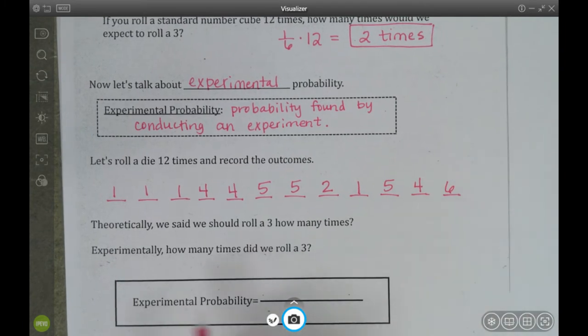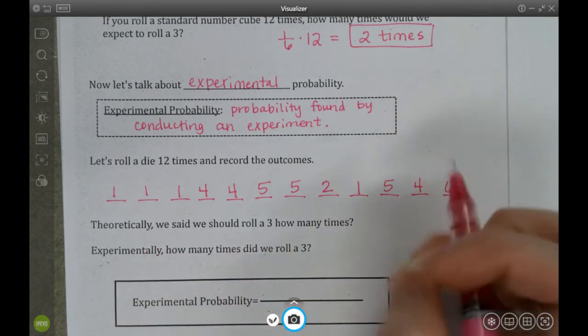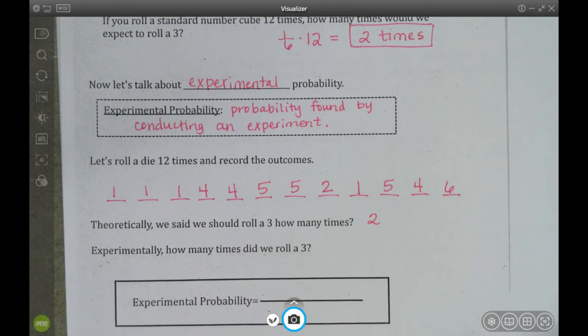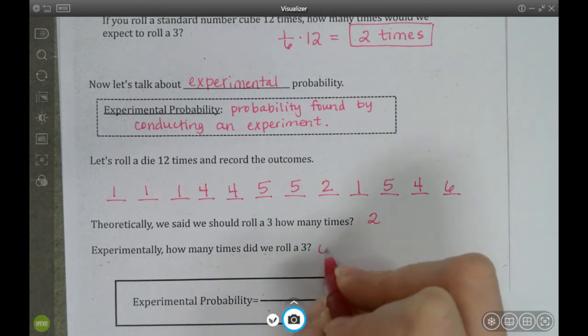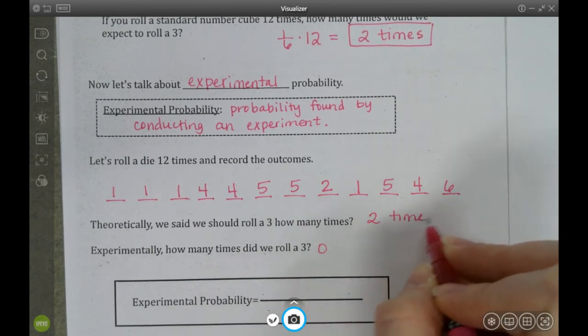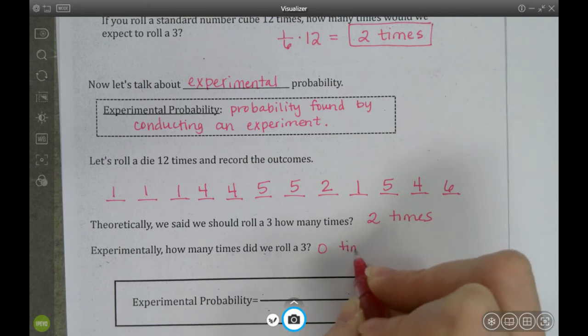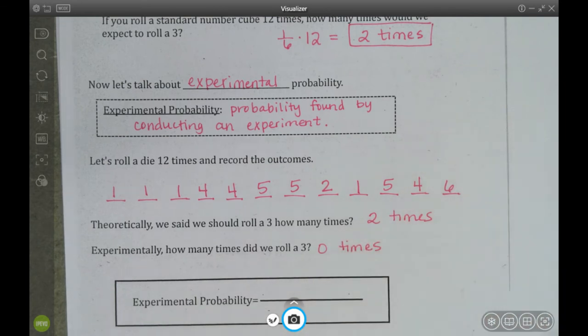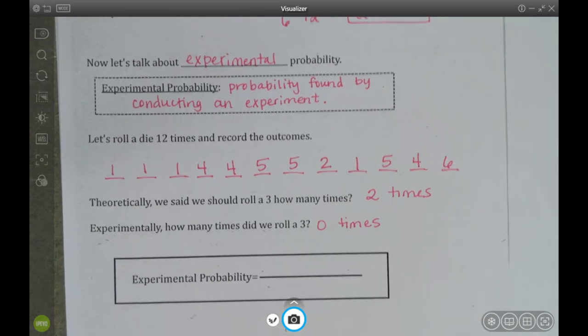Finally. So theoretically, we said we should roll a 3 how many times? 2. But we didn't roll a 3 at all, so we rolled it 0 times. So did they match? No. Is theory always going to actually happen in real life? No. Okay.